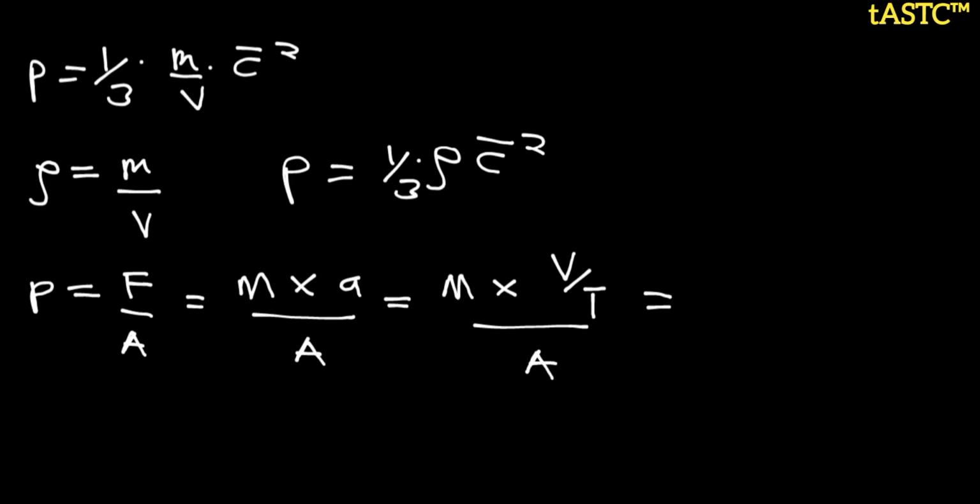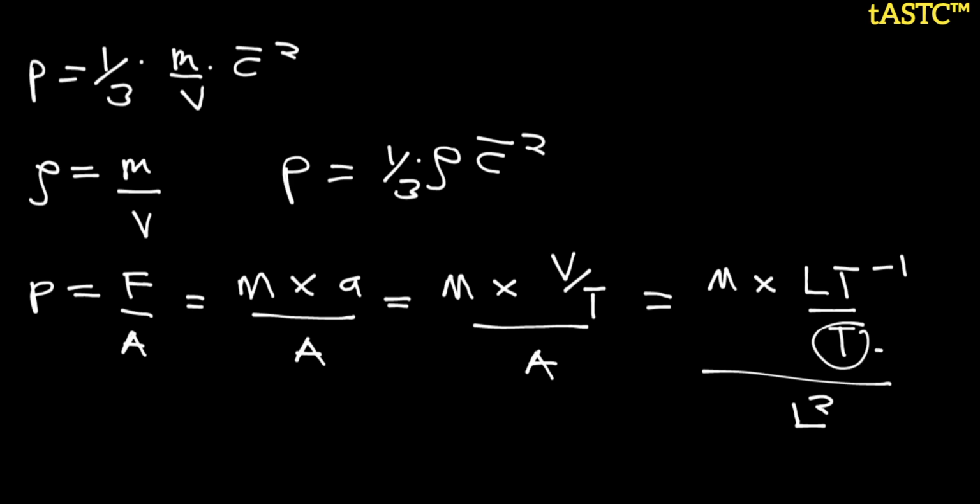Now, we know that the dimension for mass is M, and the dimension for velocity is LT raised to the power of -1. This whole thing is divided by T, and all of it is divided by the area, which has a dimension of L squared. Here we can make this T to the -2.